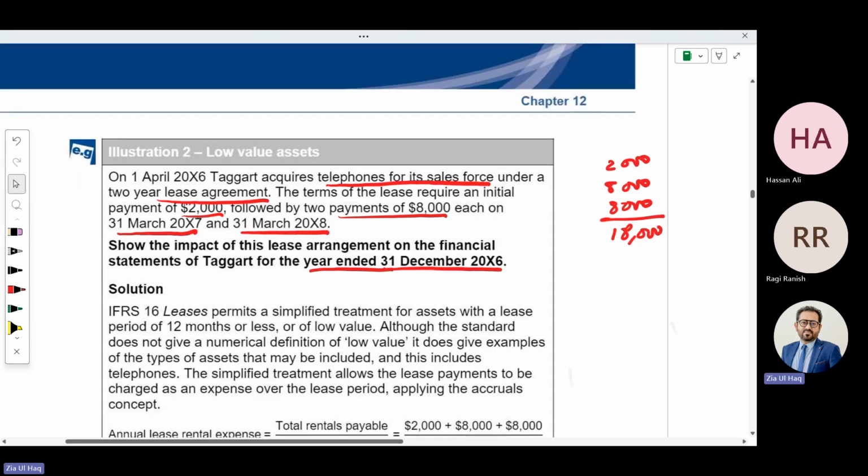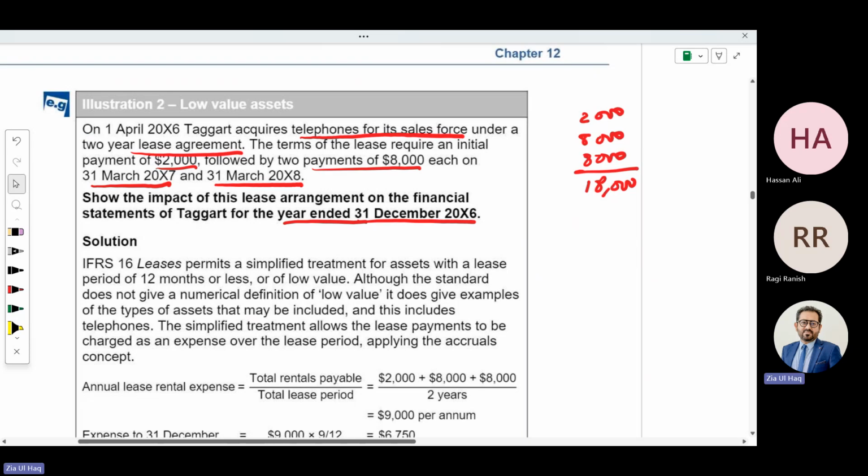If the lessee is moving towards simplified treatment because he has a choice for a telephone, then this lease is for 2 years. So 18,000 divided by 2, 9,000 will be the expense per year. What is the year end? 31st December. You entered into this lease contract on 1st April.